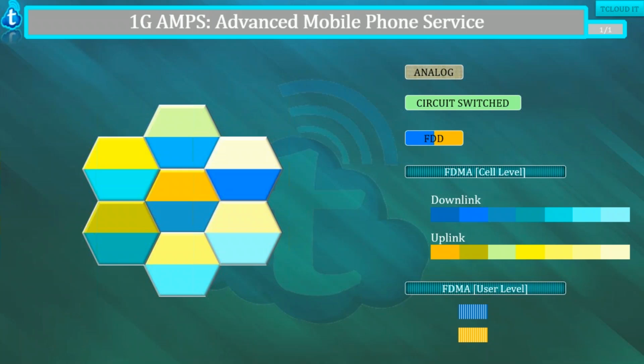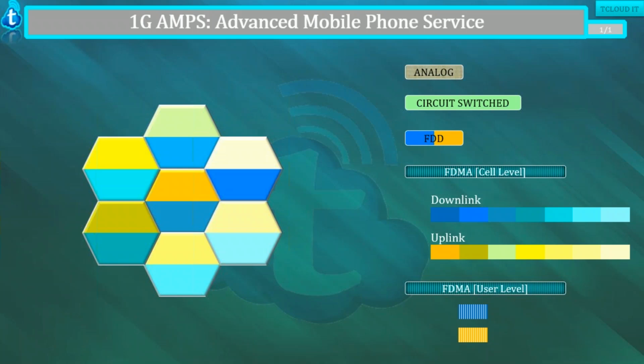They would apply this FDMA technology even at the user level. What is the meaning of using FDMA again? The sub-frequency that is allocated to each cell will get further divided into sub-frequencies, and one piece of downlink frequency and one piece of uplink frequency would get allocated to one user.